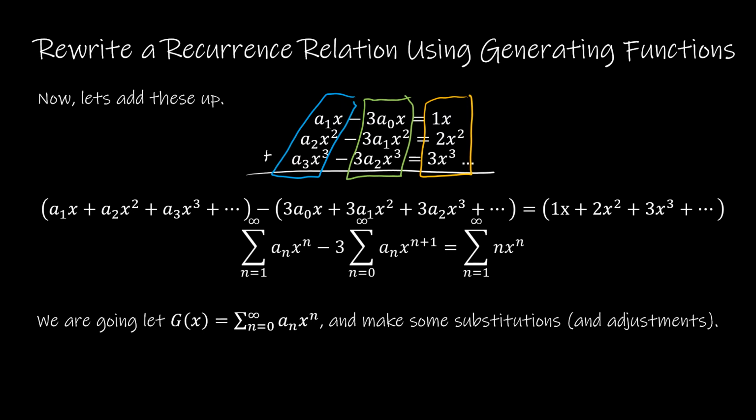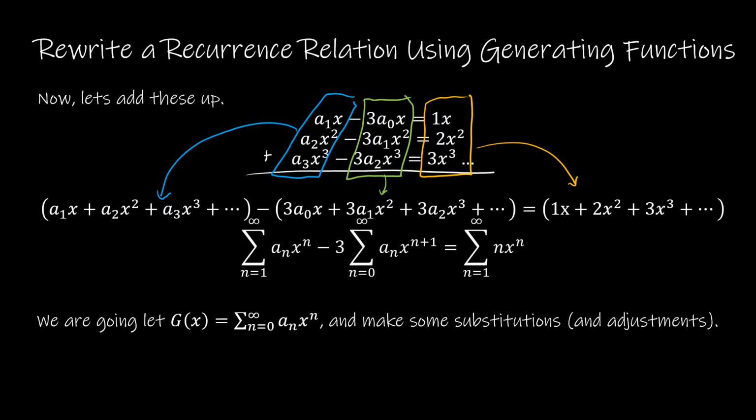And if you'll notice, by doing that, they each become their own series of values. So each of these is now a1x plus a2x squared and so on. I've got minus 3a0x plus 3a1x squared and so on. And then my final series is 1x plus 2x squared plus 3x cubed and so on.